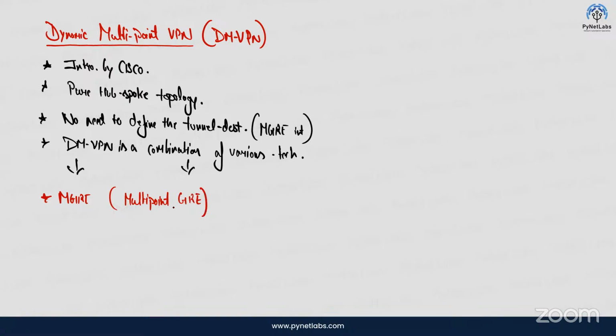Now, what exactly is multipoint GRE? Here in the case of multipoint GRE, we don't need to define the tunnel destination, as we are going to use the tunnel mode and tunnel source instead. In the previous lab, instead of defining the tunnel destination, I'm going to use the tunnel mode here, which I'll let you know, and we'll use the tunnel source as well.